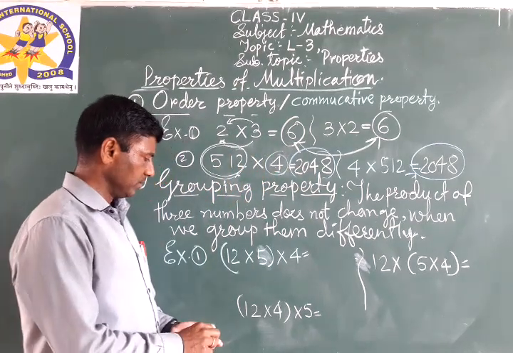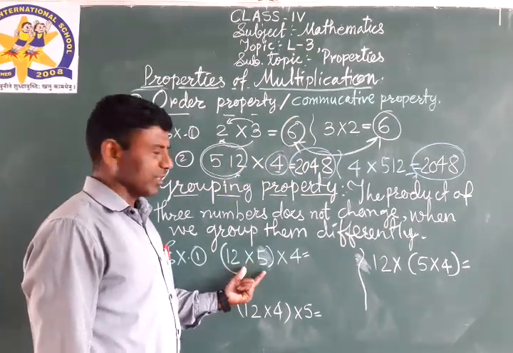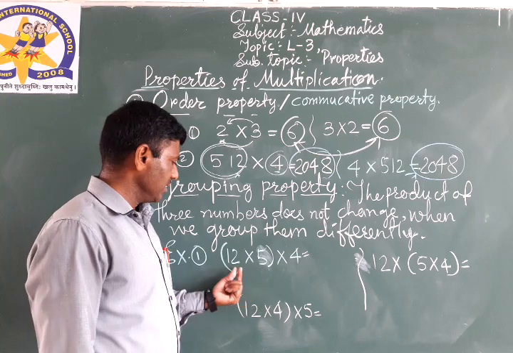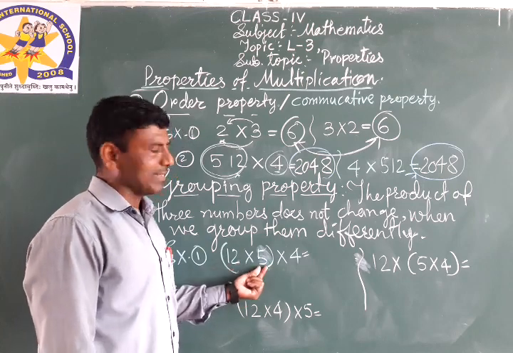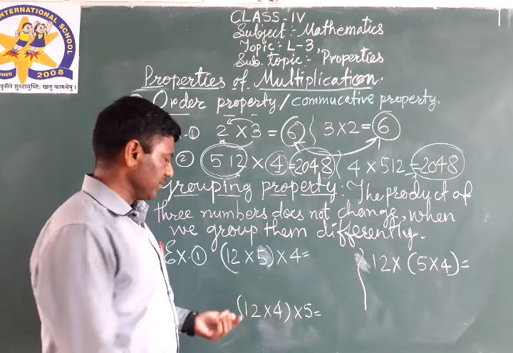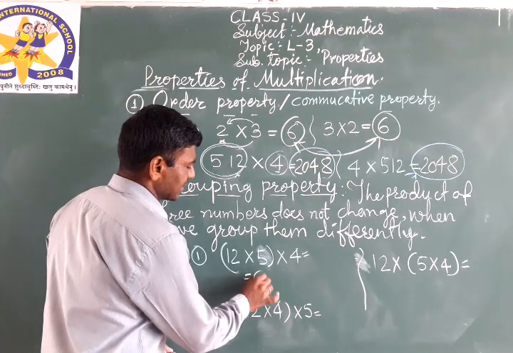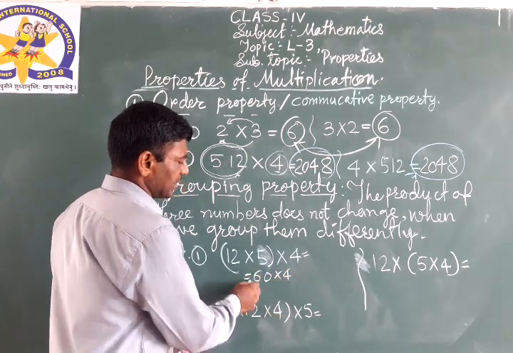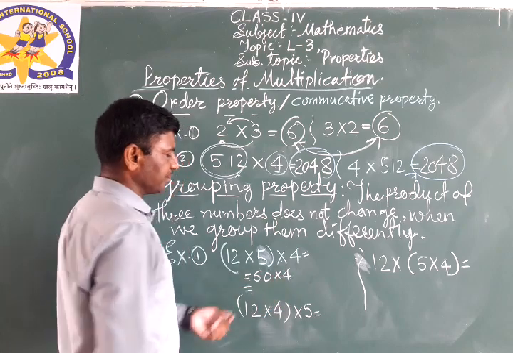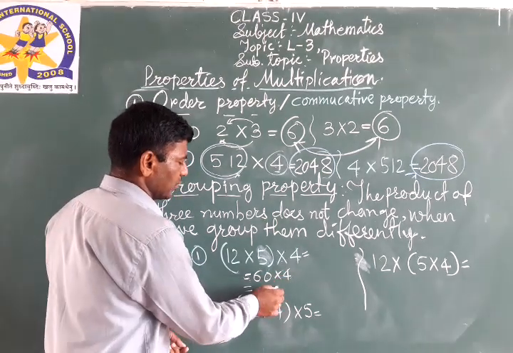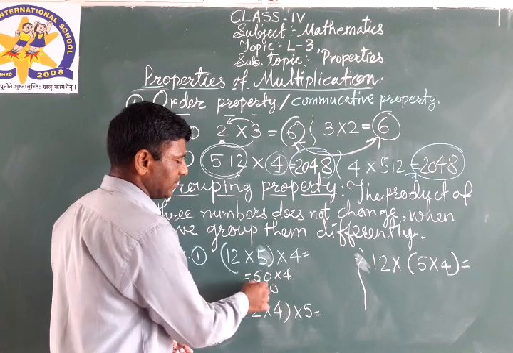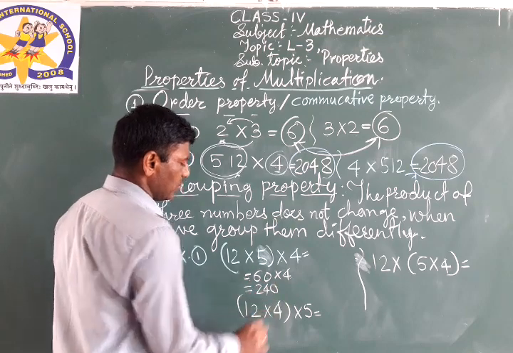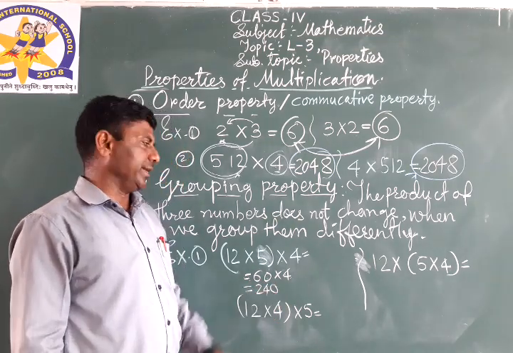Now, first we are solving in the bracket: 12 multiplied by 5. 12 5s are 60. Now 60 multiplied by 4. 4 0s are 0, 4 6s are 24, so 240.